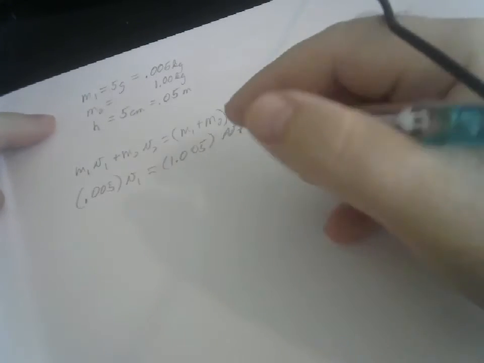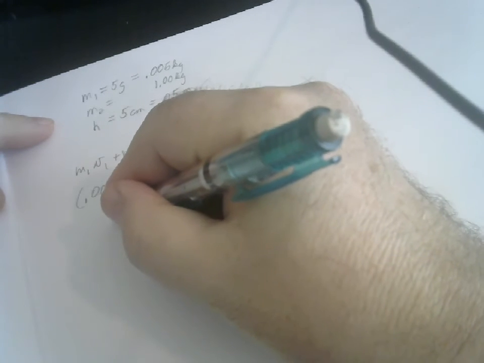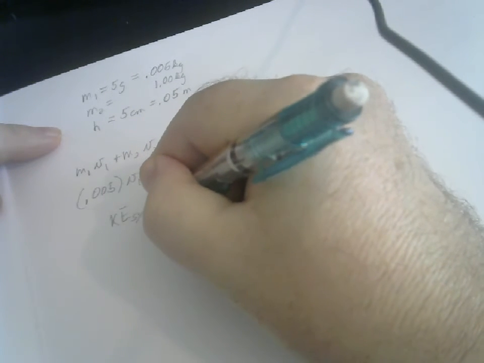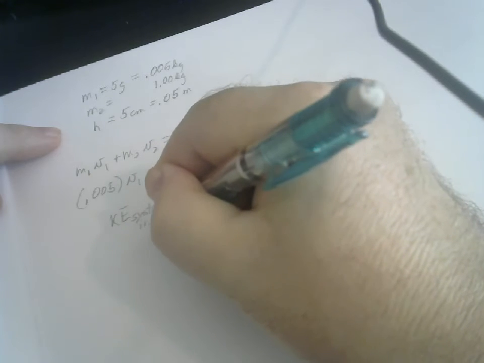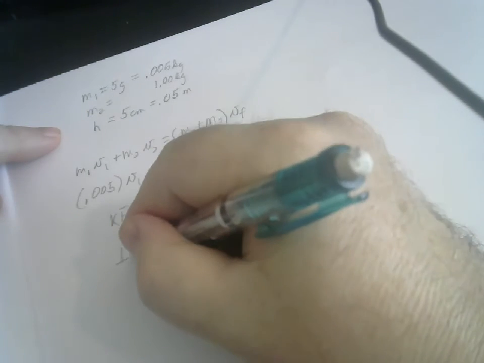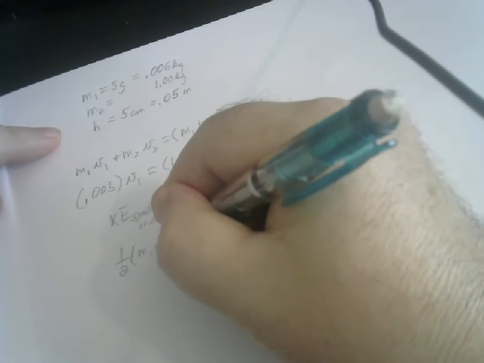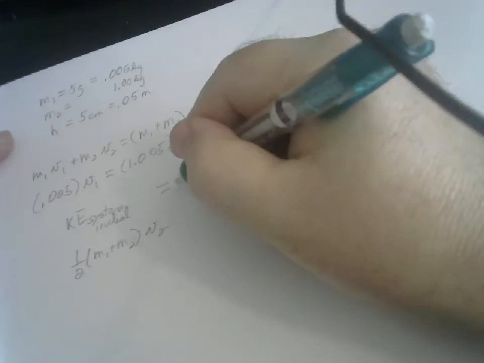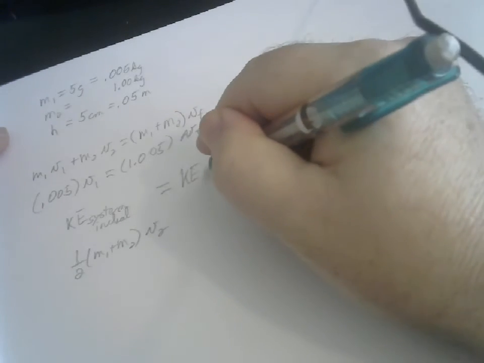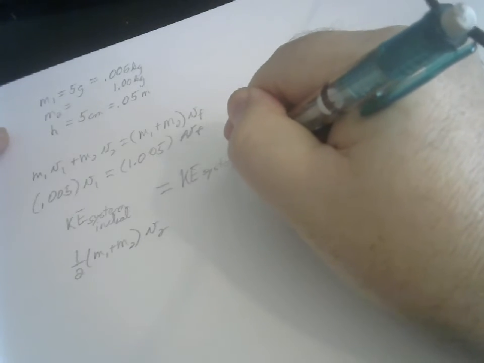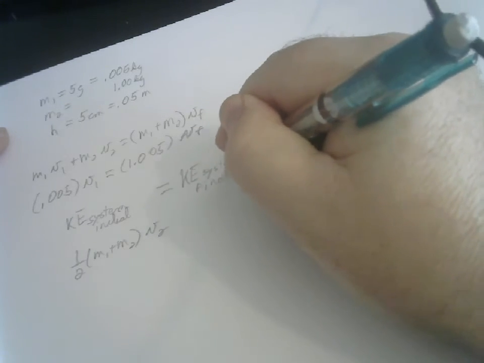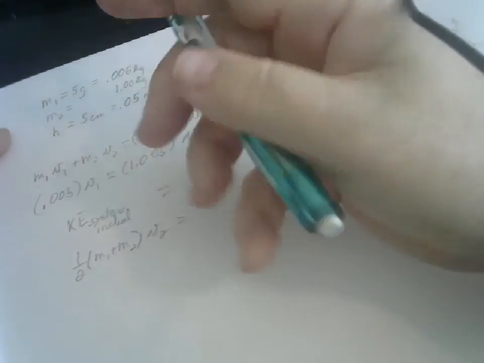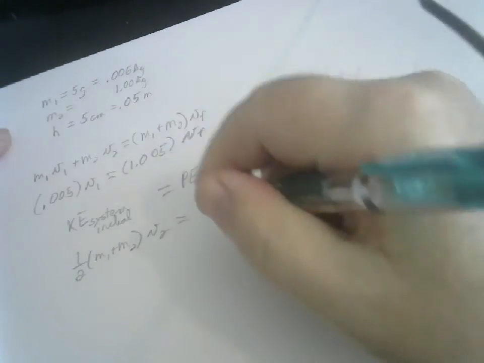The other equation is that the kinetic energy of the system initial, which is 1/2 (m1 plus m2) v squared, is equal to the potential energy of the system final, because the block is going to stop.